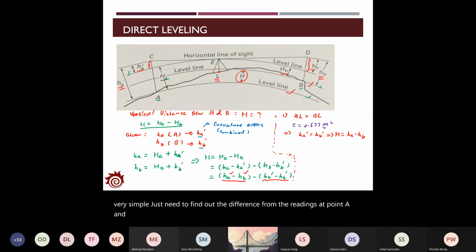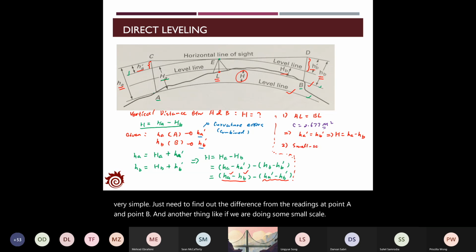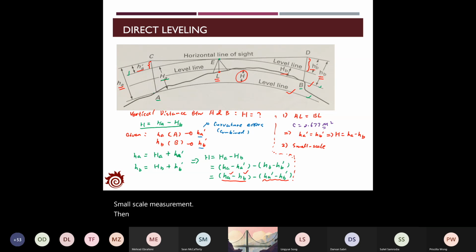And another thing, if we are doing some small scale measurements, then we can see that HA prime and HB prime are very small. So we can ignore them, and we will then get the same conclusion.